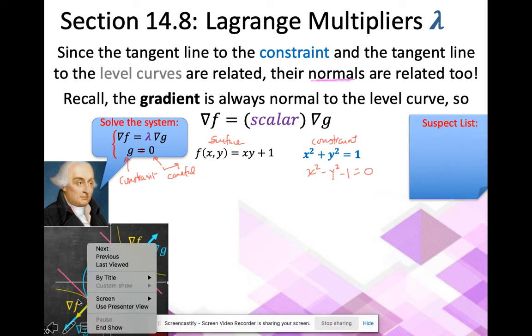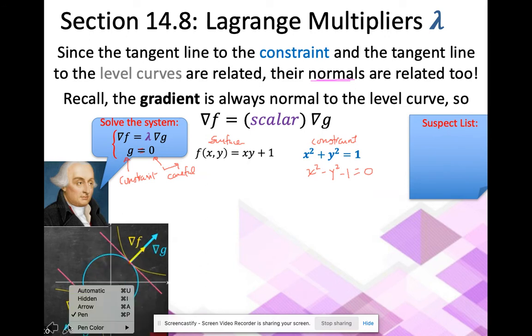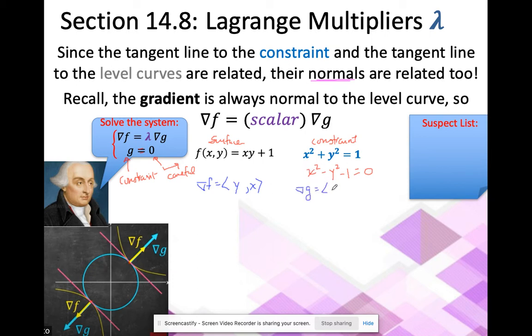So let's do some math. The first thing I need is the gradient of f, which takes my partials. So the gradient of f, partial with respect to x, partial with respect to y, partials here of the red after I've set it equal to 0, partial of the constraint with respect to x, with respect to y.